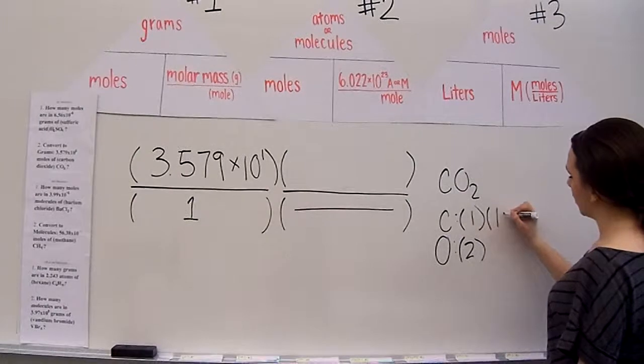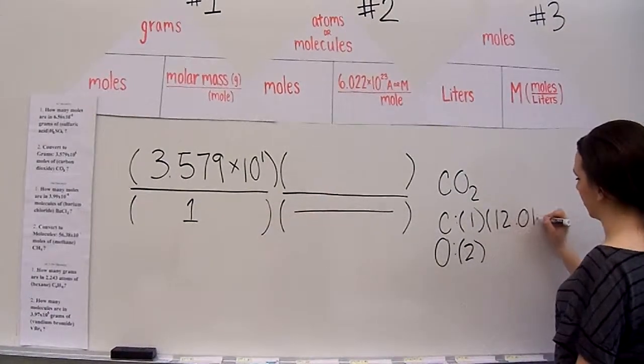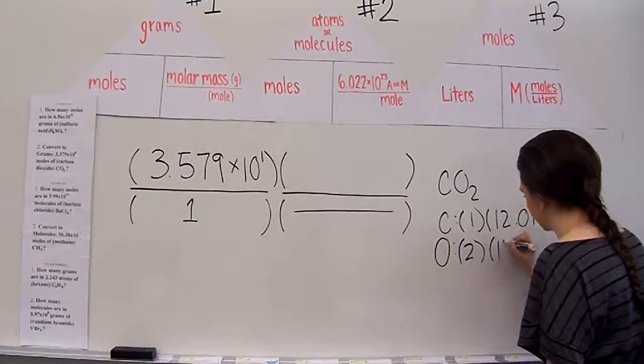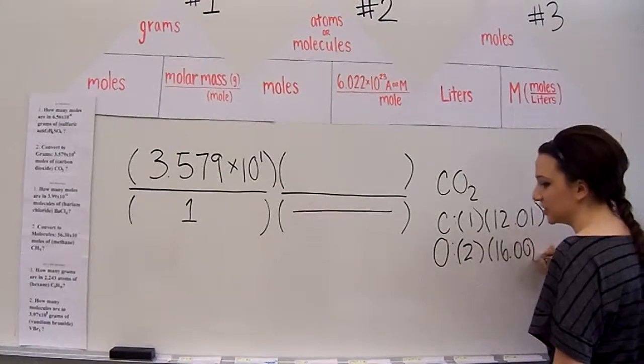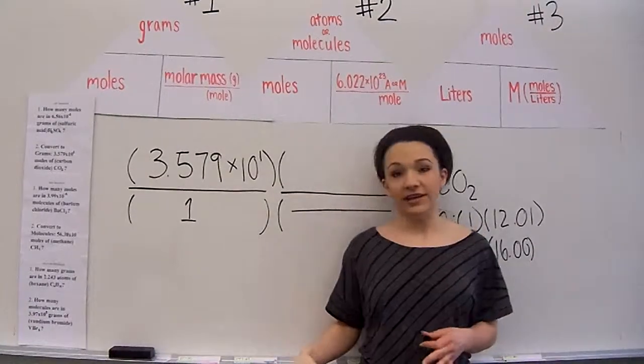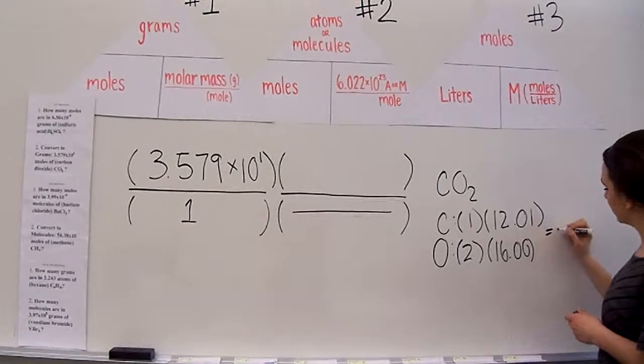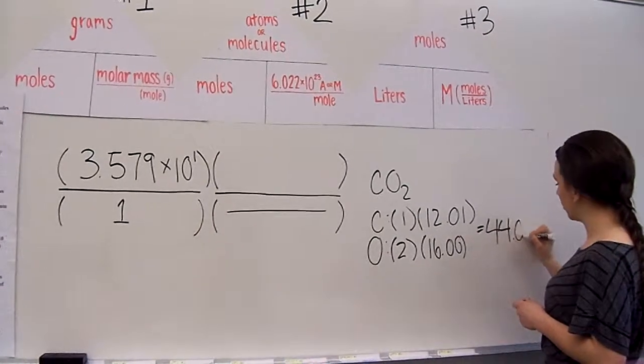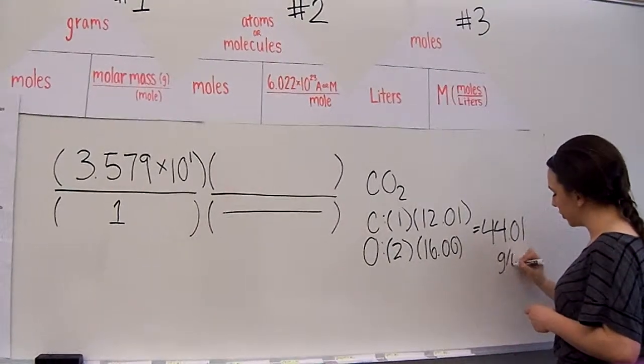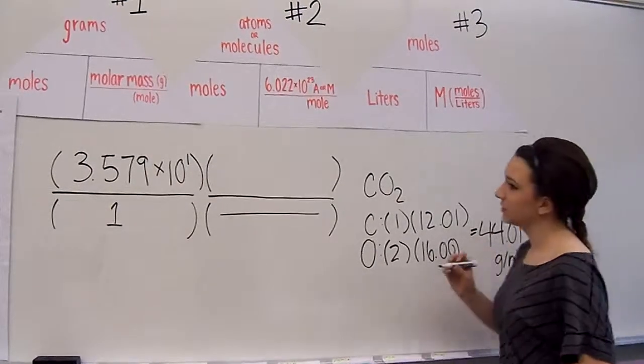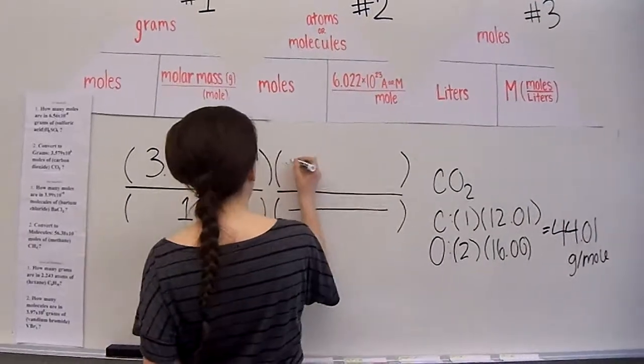We know that carbon's atomic weight is 12.01 and oxygen's is 16. So once you go ahead and you calculate that out, you should get 44.01 grams per mole. So we are going to go ahead and write that right here.